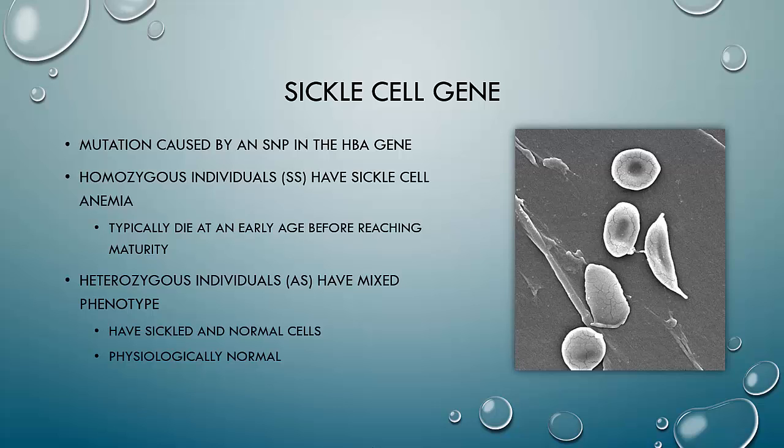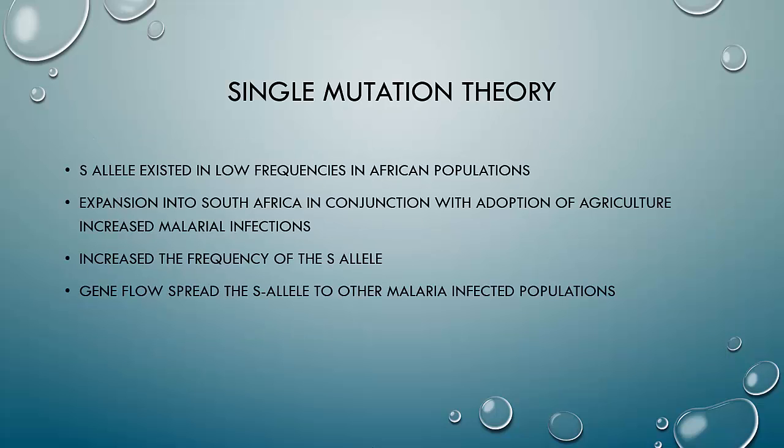This gene is a mutation caused by an SNP in the hemoglobin A gene. Homozygous individuals with SS have sickle cell anemia, and they typically die at an early age before reaching maturity. Heterozygous individuals, AS, have a mixed phenotype in that they have sickled and normal cells, which results in them being physiologically normal.